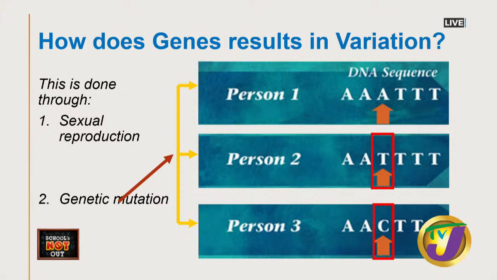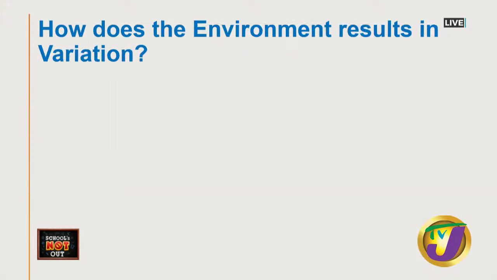Now this will automatically affect the type of proteins that are going to be formed. And this is one of the examples of what results in something like sickle cell anemia, where just a simple change in the genetic sequence of the organism results in someone getting sickle cell disease, causing their red blood cells not to have that normal round shape but a sickled shape. So genetic mutation also results in variation.